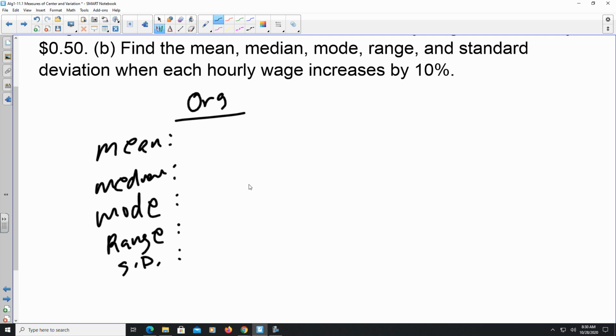The mean was 965. The median was 870. The mode was 825. The range I just did, I encourage you to check. It's going to be 825 and the standard deviation is 2.61.